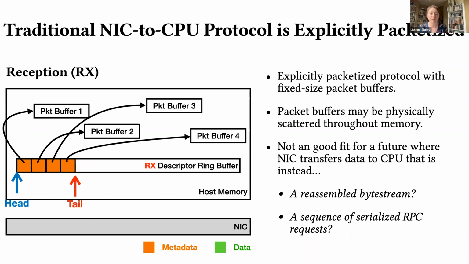These data structures are represented as a memory pool, so packets arriving are allocated somewhat scattered in memory. But if the NIC is not transferring packets anymore, is this really a good idea? What should the protocol between the NIC and the server look like if we're transferring, say, a reconstructed QUIC byte stream, or a sequence of serialized but large RPC requests?